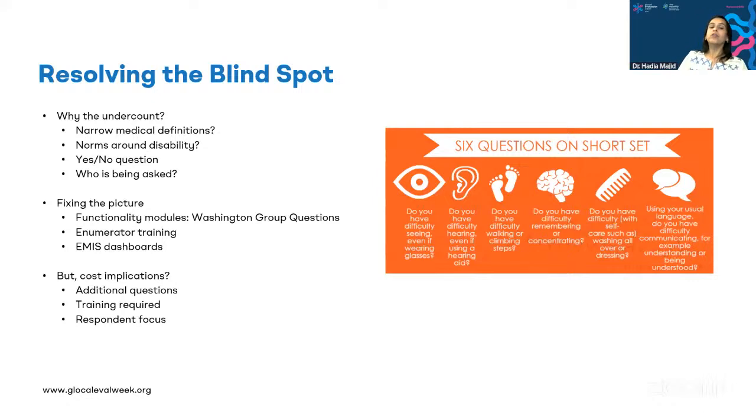How could I resolve the blind spot as far as differently abled children is concerned? First of all, we have to think about why there is an undercount, if indeed there is an undercount. Perhaps the undercount is because I am not defining disability properly in my surveys, or because there's a norm about hiding your disabled household members.